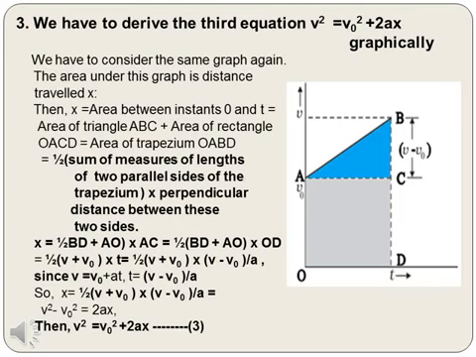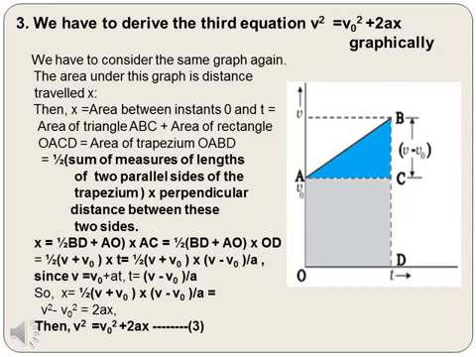Since v is equal to v0 plus at, then t is equal to (v minus v0) divided by a. So the equation becomes x is equal to 1 by 2 into (v plus v0) into (v minus v0) divided by a.